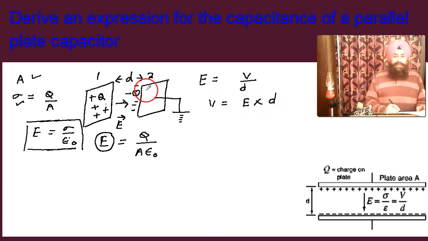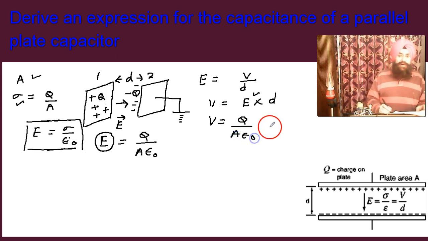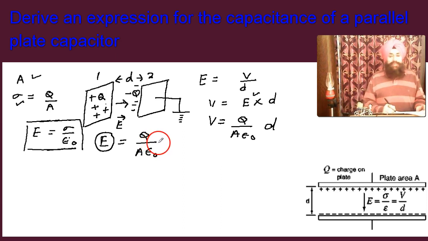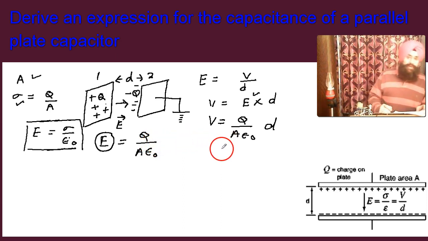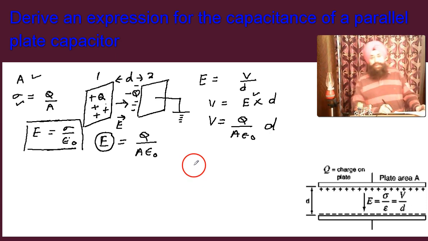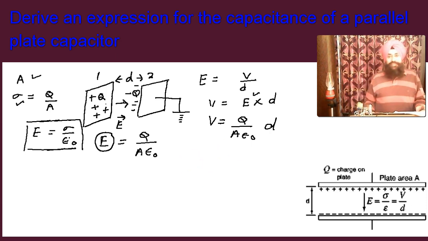What is d? The distance between the two plates. Substituting the value of E here, V becomes Q upon A epsilon naught into d. Okay, this is the value of potential.